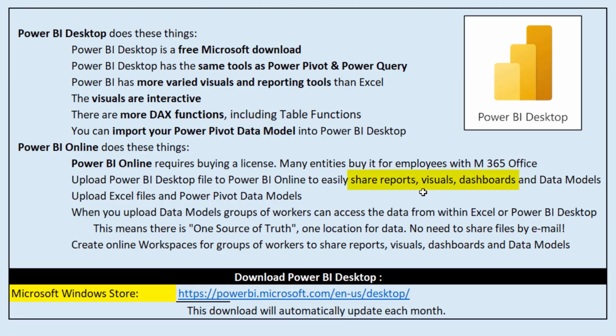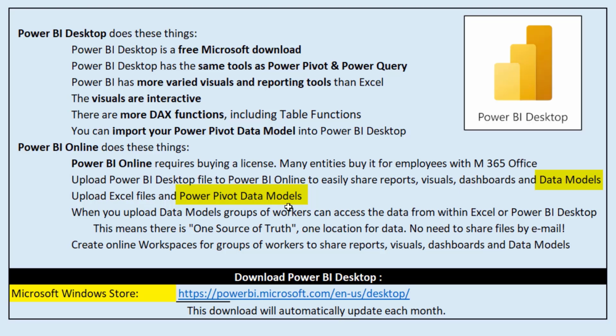Now, the sharing of reports and visuals, that's on the information side. That's when you want to share your results with people. But there's a whole other side to Power BI Online. When we upload data models from Power BI Desktop or from Excel Power Pivot, they become universally available to assigned groups of workers.